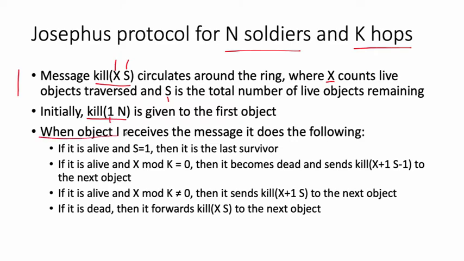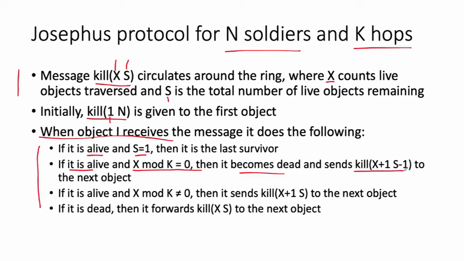Now, when an object I receives this message, it obeys the following protocol. If the object is alive and S equals 1, it's done. It's the last survivor. There's only one live object remaining. If it's alive and X mod K is 0, so you start 1, 2, 3, 3 mod 3 is 0, 4, 5, 6, 6 mod 3 is 0, then it becomes dead.